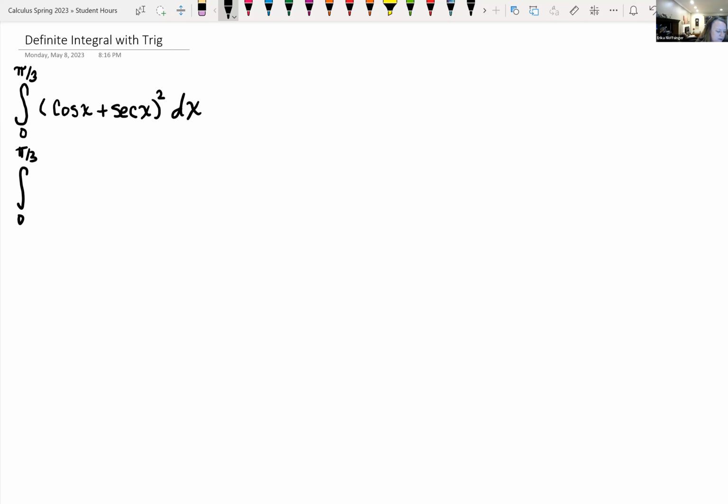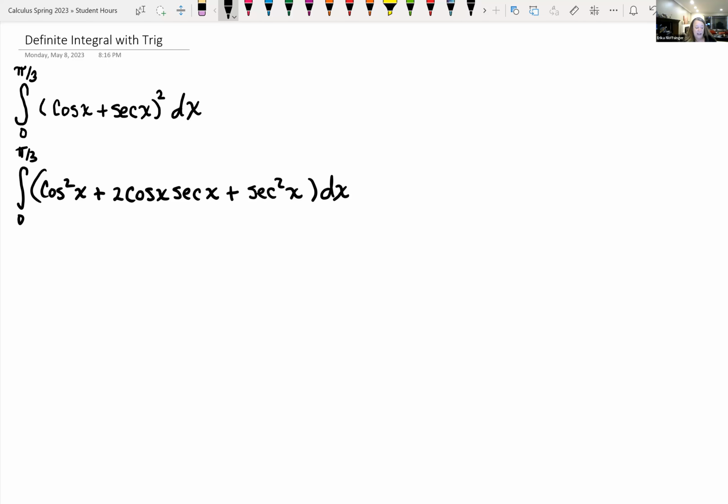So doing that, we would get cosine squared x plus cosine x times secant x plus cosine x times secant x, which is 2 cosine x secant x, plus secant x times secant x gives us secant squared x. And then we have this dx.